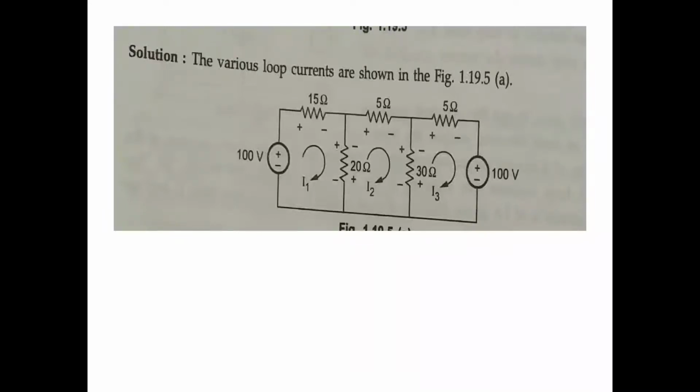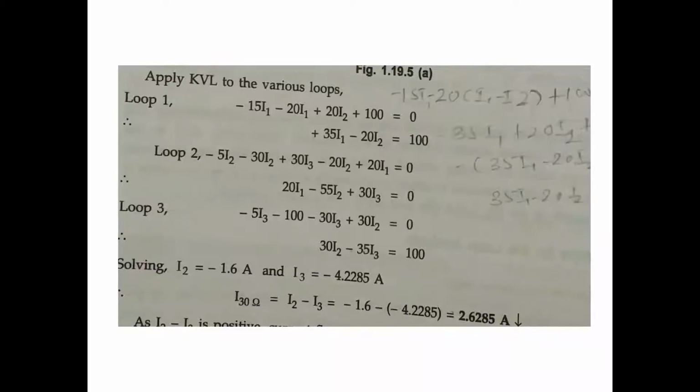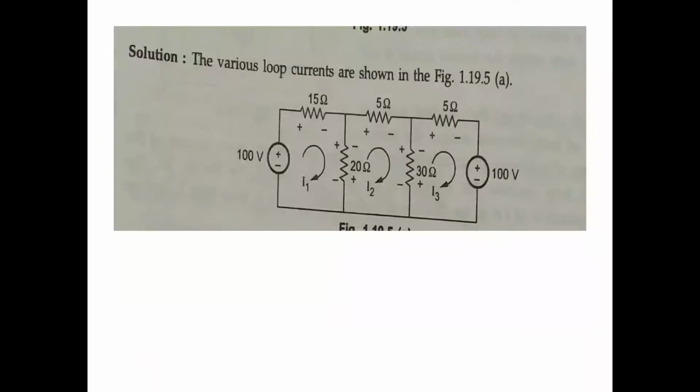This is the first equation. After the simplification, 35 I1 minus 20 I2 equal to 0. That is the first loop. In the second loop, 5 I2, 30 I2 plus 30 I3. Why plus 30 I3? It is a minus of minus outside, that is I2 minus I3.